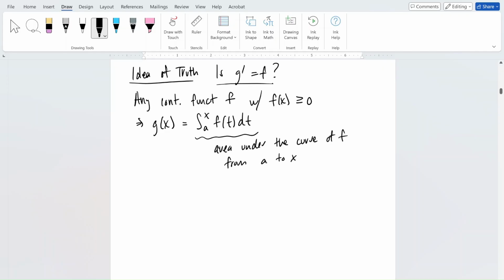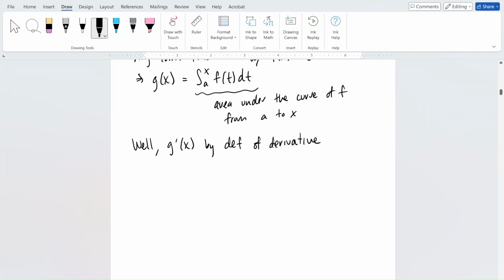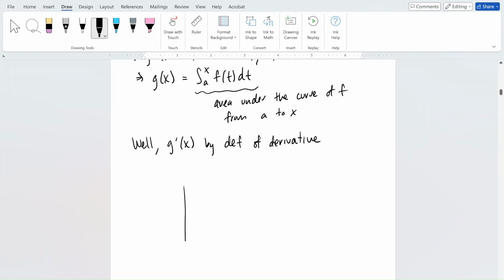And so what does the derivative look like? Well, what is g prime of x by the definition of derivative? Okay, let's draw a picture.